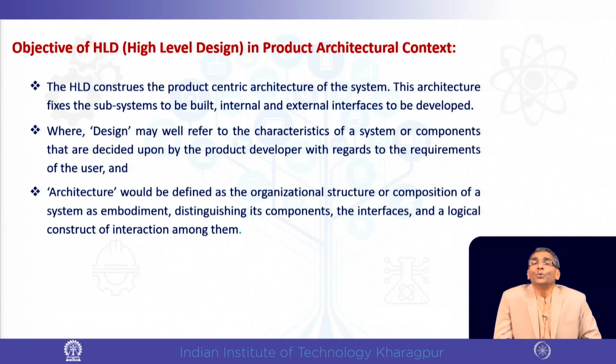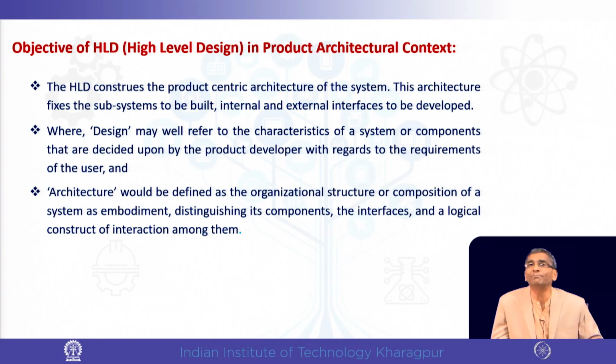Now, we will enter in the domain of HLD to be more closer to the architecture of a product. The HLD constitutes the product centric architecture of the system. This architecture fixes the subsystems to be built. So, once we decide which kind of car or what will be developed, then the subsystems accordingly will be developed.